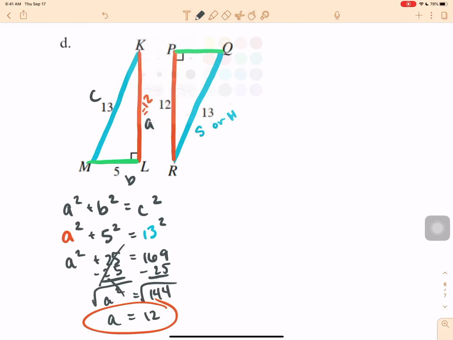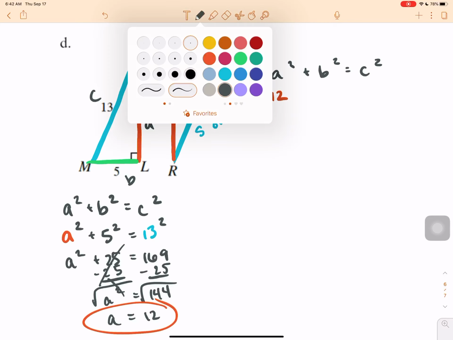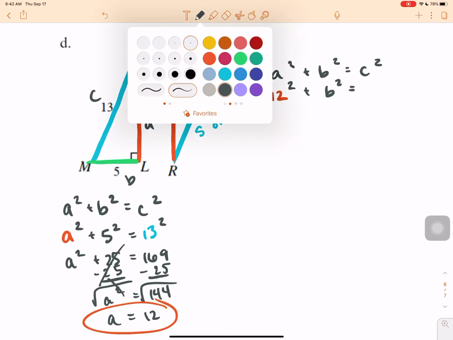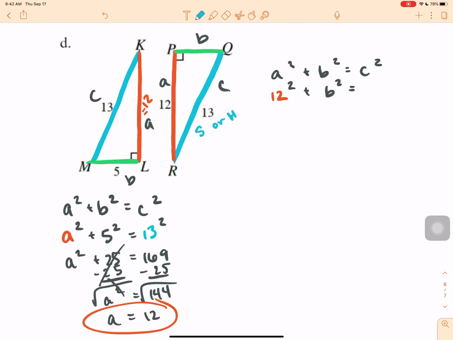Again, if you use the Pythagorean theorem, let's say this one we marked as B earlier, BAC. If we have a squared plus b squared equals c squared, my a is 12, so it'll be 12 squared plus b squared equals c squared, and my c is 13, so 13 squared.